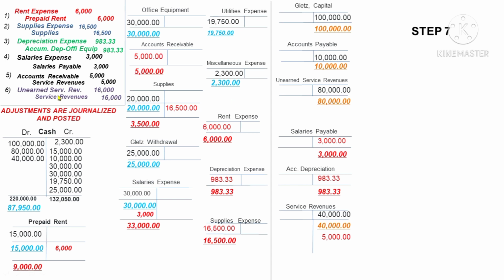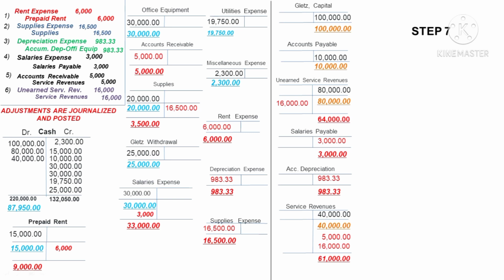So we have both these accounts already. So we have unearned service revenues. So we just have to debit the 16,000 and it will become 64,000, which is 80 minus 16, and credit service revenues of 16,000. We put it right here, and because of this, the updated balance of the service revenues will now be 61,000. And that's it for posting adjusting entries.